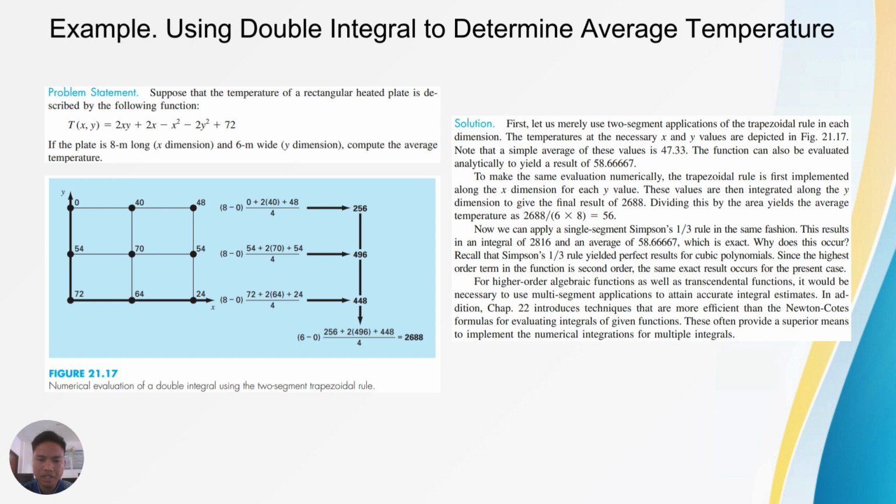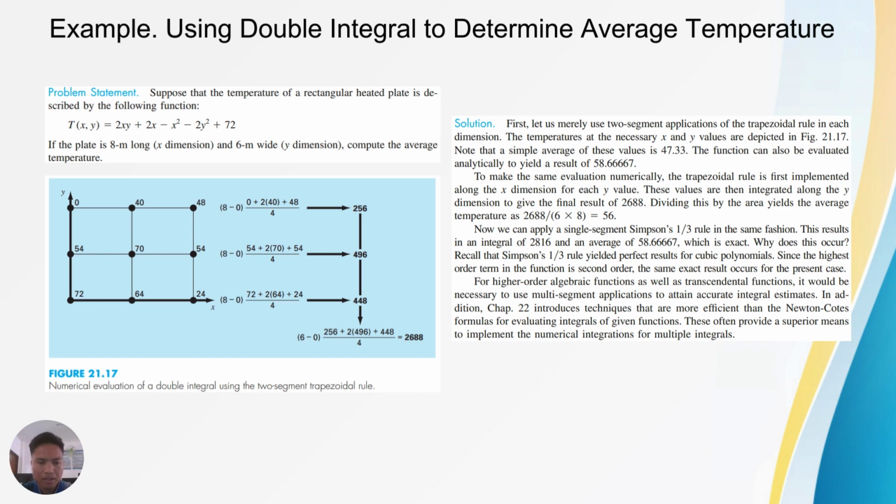To make the same evaluation numerically, the trapezoidal rule is first implemented along the x dimension for each y value.